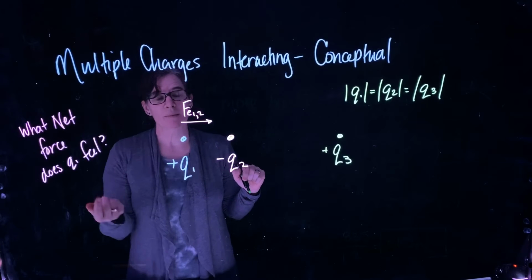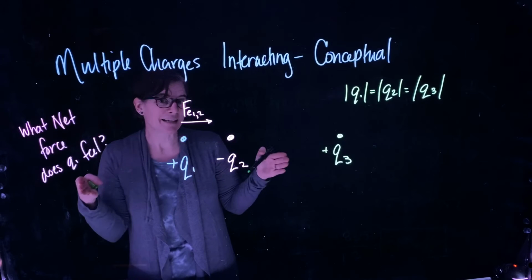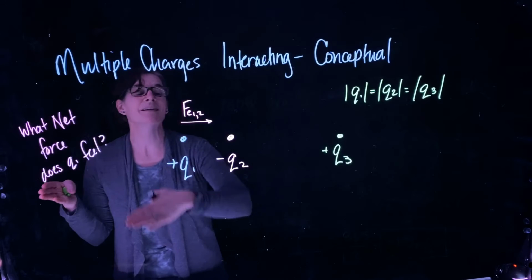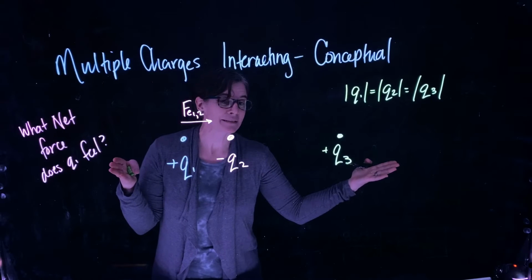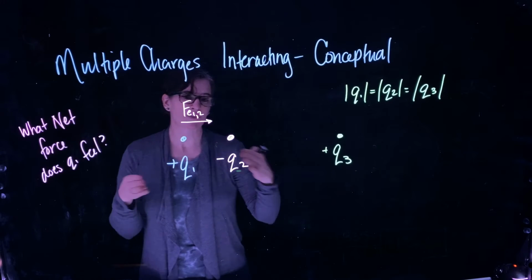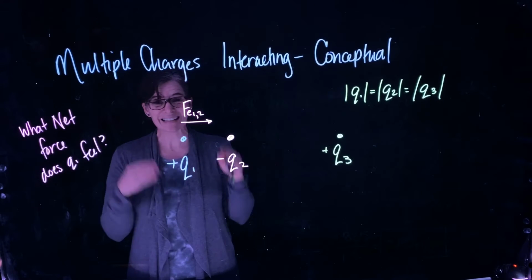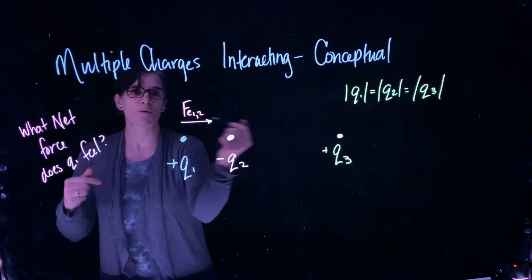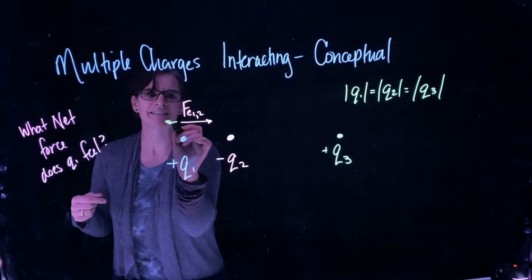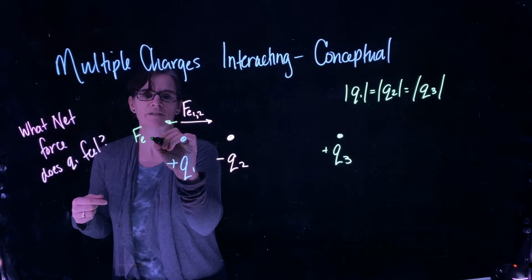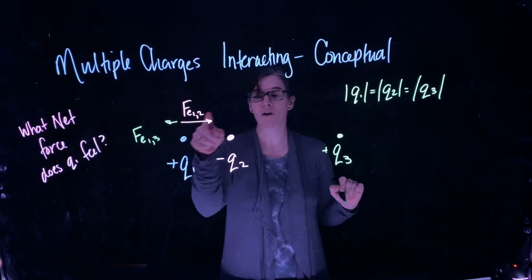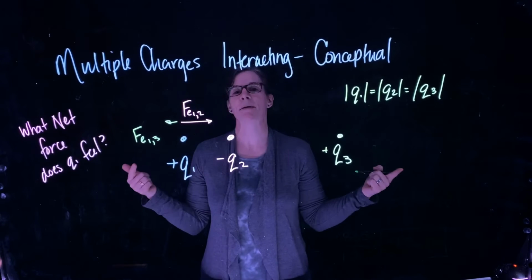When we think about Coulomb's law, the radius plays a big role. As we increase the radius, we decrease the force by a lot, the square of the amount. So if it's 3 times further, the force is 9 times less. So the force is to the left, but the electric force on 1 by 3 is much smaller than the electric force on 1 by 2 because it's so far away.